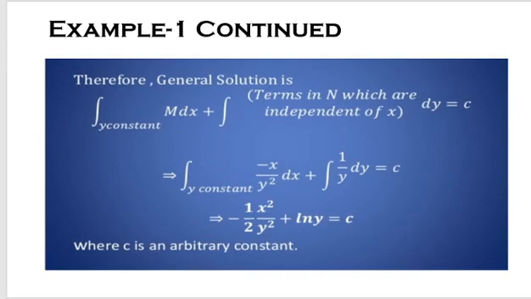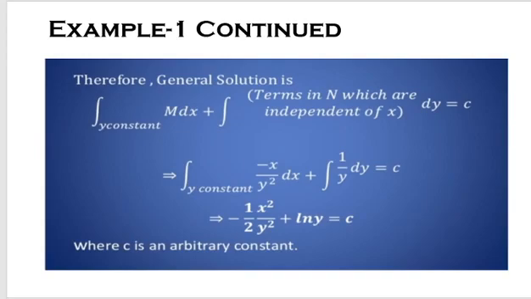So, in equation 1, that is after multiplying with the integrating factor, we are having M as minus x by y square and the term independent of x in N as 1 by y.